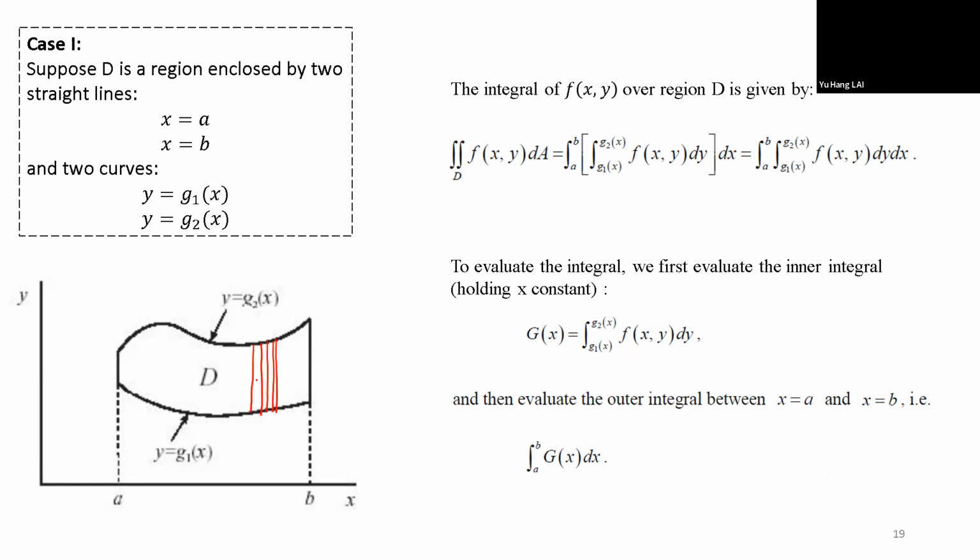When we consider one of the slices, we need to set up the integration limit, and that limit is determined by the y position of this point, the lower limit, and then the y position of the other edge.